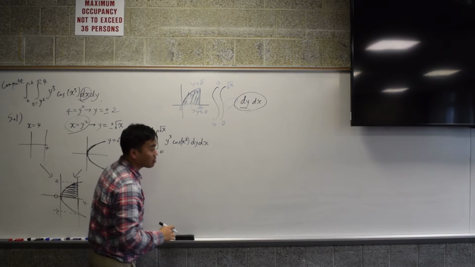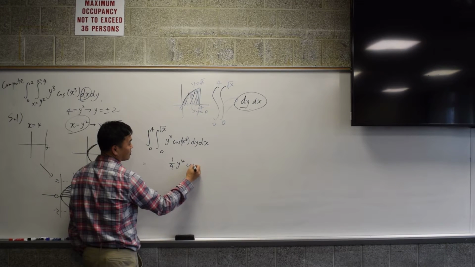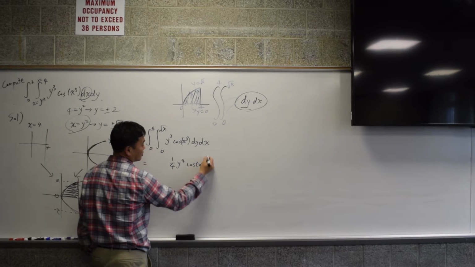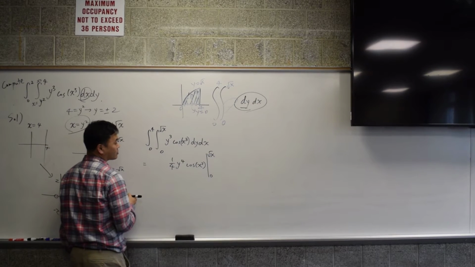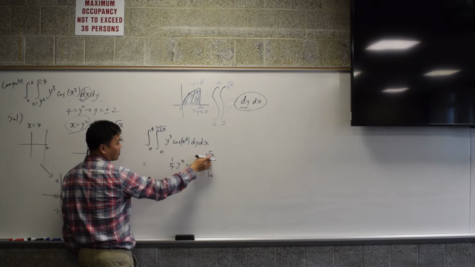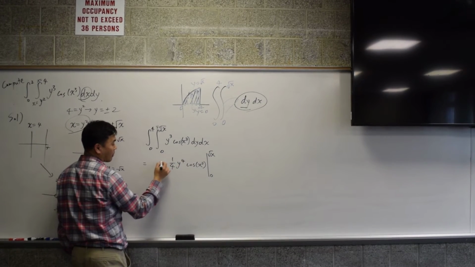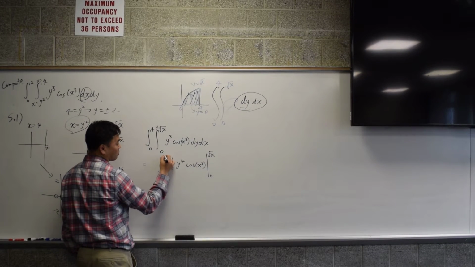Everyone can integrate y cubed. Everyone knows 1/4 of y to the 4th, from 0 to square root of x. And because this is y equal to square root of x, these are going into y only. It doesn't go into x.